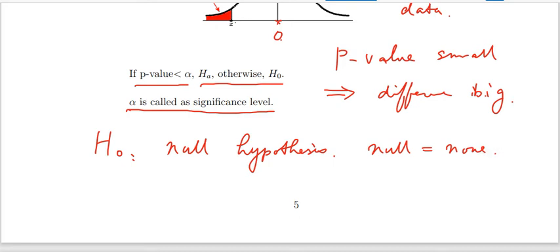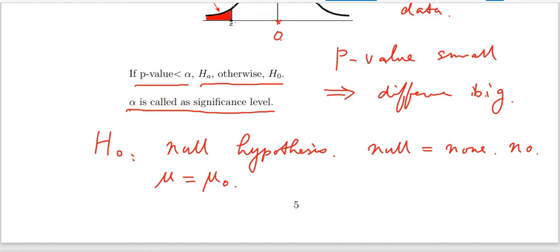Usually some people say mu equals this number, or we can say mu equals mu zero, no difference.